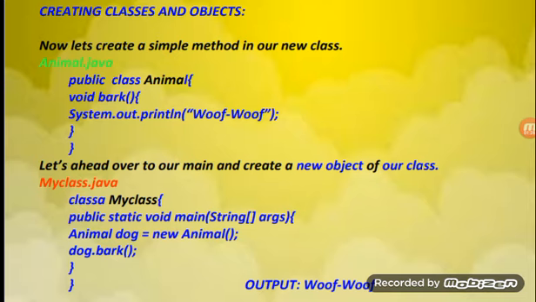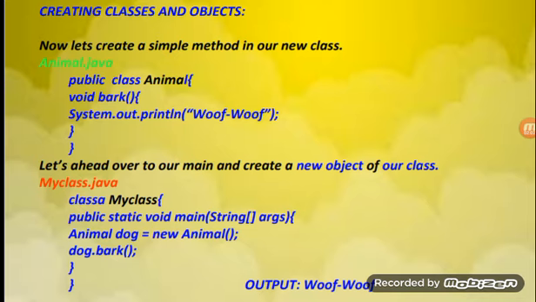I'm taking a program name with the extension .java, then public class and a class name, and then begin braces, void bark, and then System.out.println. That bark will give a sound. After that, the Animal class is closed with the end curly braces.